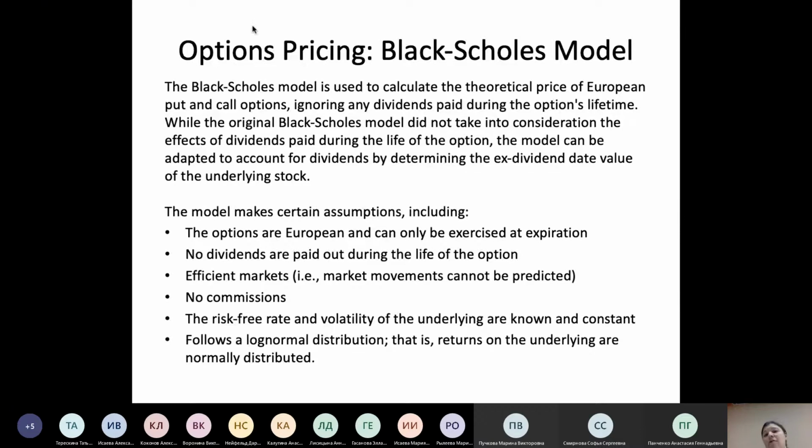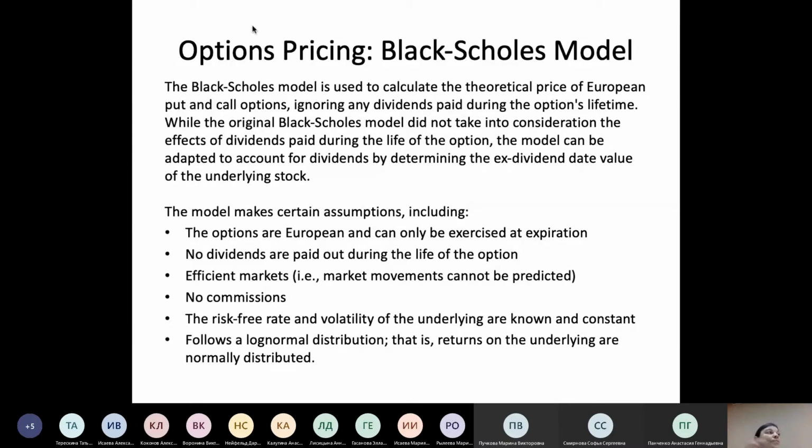As for the main assumptions of the Black-Scholes model, the model makes certain assumptions, including, first of all, the first condition of this model: the options are European and can only be exercised at the expiration date.